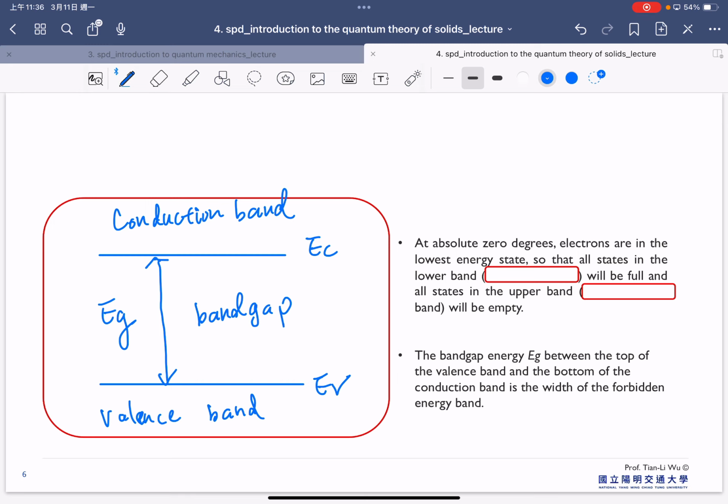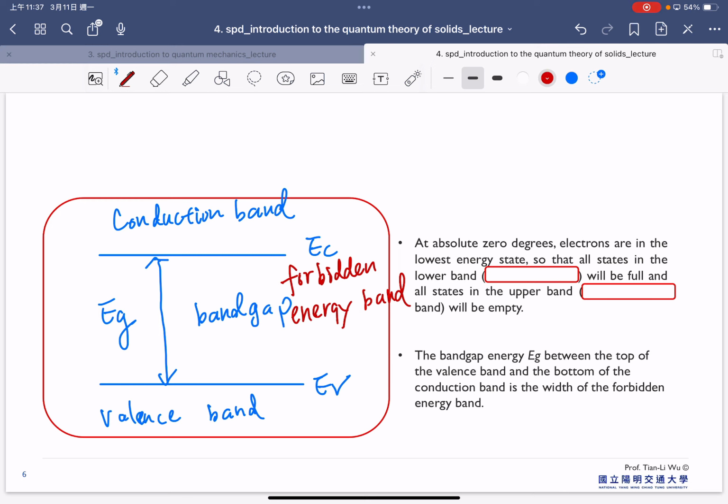And in between, this region we usually call the forbidden energy band.